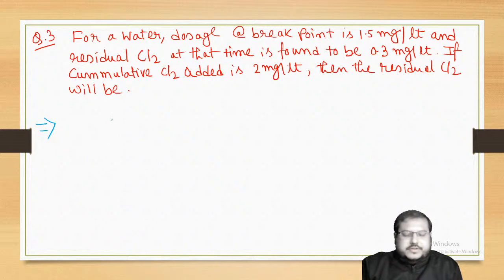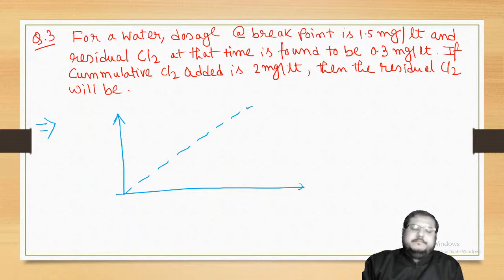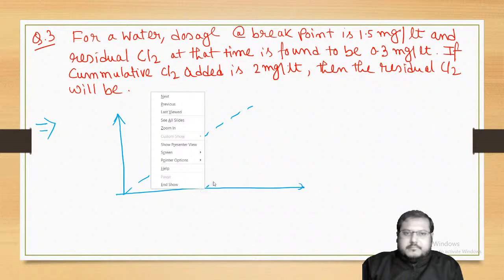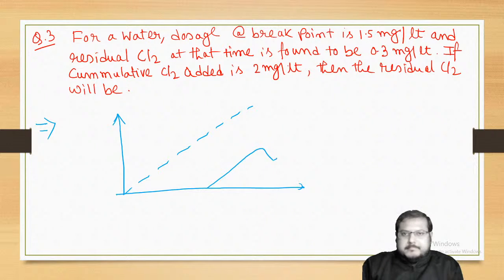So this question can be solved from the breakpoint chlorination graph itself. So this is the plot. Ideal water line. So this is your breakpoint, right?